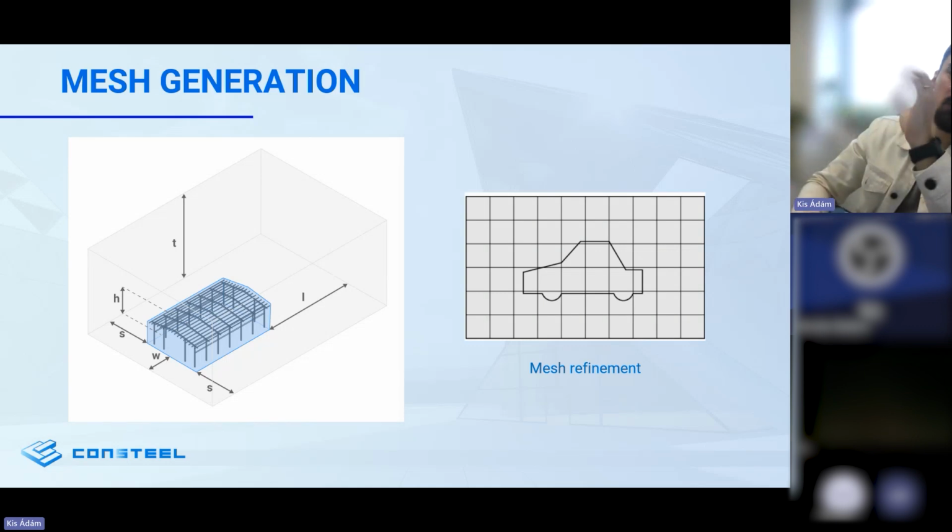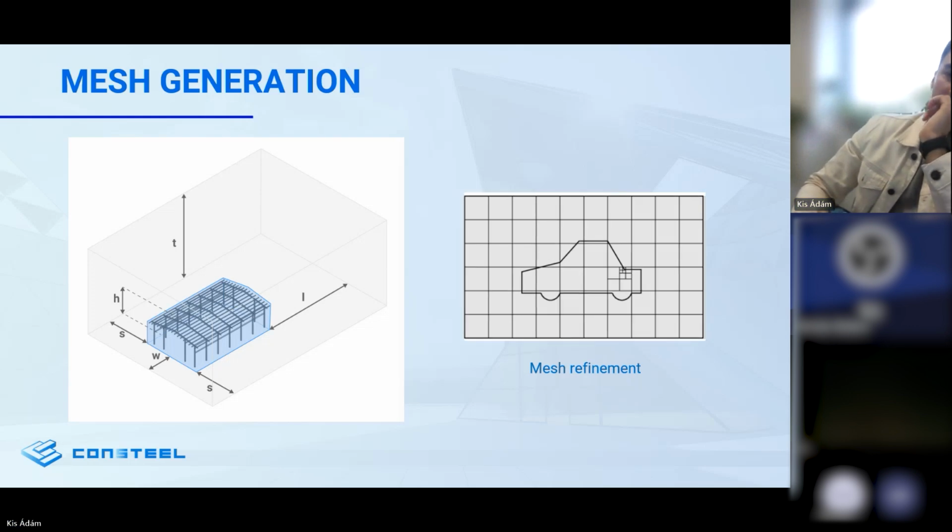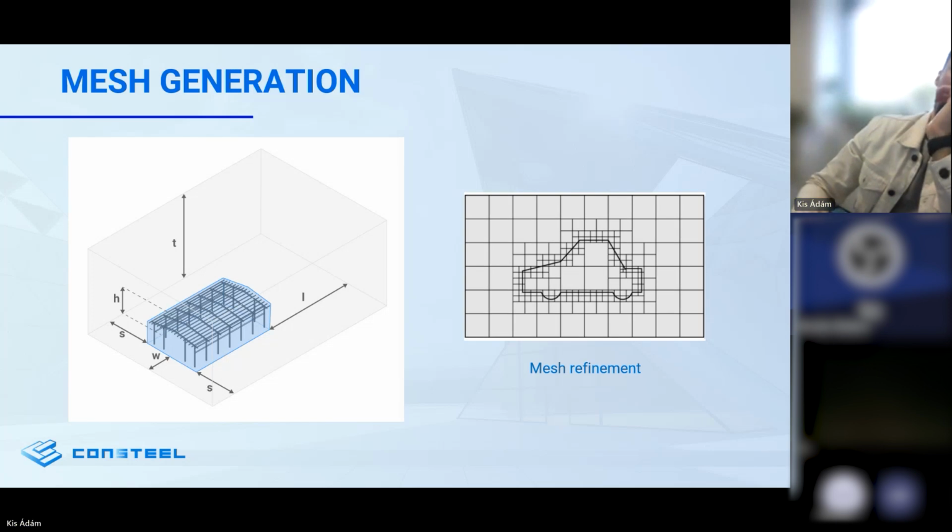So we have a few blocks inside our domain. After that, we have to refine this domain according to the edges of our structure. And according to this refinement, we have to get this negative imprint of our building, or in this case, a simple car.